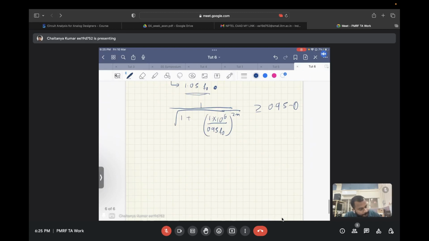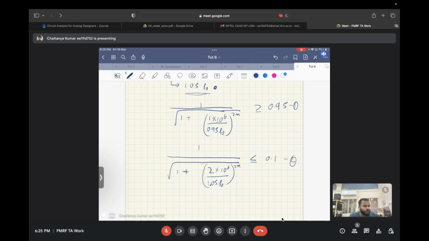So the second inequation becomes: 2 into 10 to the power 6 divided by 1.05 times F naught, less than 0.1.